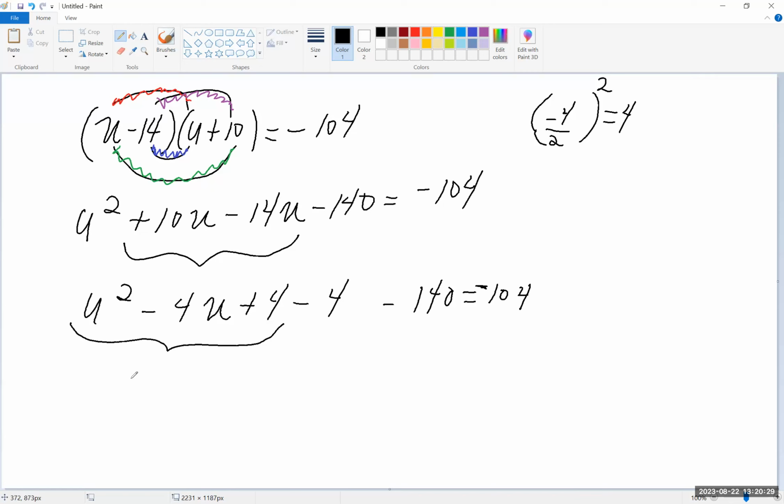In other words, it makes this u minus 2 squared. You need to be careful with the signs, because there won't always be a minus in the middle.